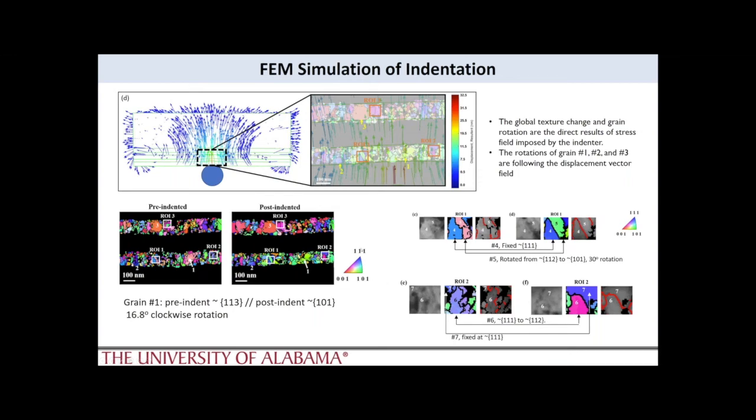And now through the modeling, we're able to look at the stress vectors that occur by the indentation of the spherical indent that we used. And what we realize is, to the right of the indent, the stress fields are going clockwise, and to the left of our indenter, they're going counterclockwise. And by understanding these stress vectors in this direction, we're able to then understand why specific grains were rotating clockwise or counterclockwise in their response relative to their position to the indenter.